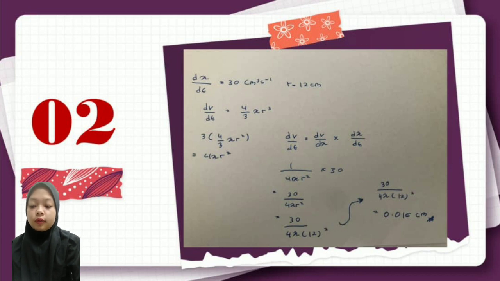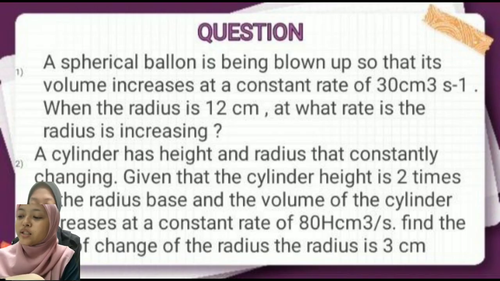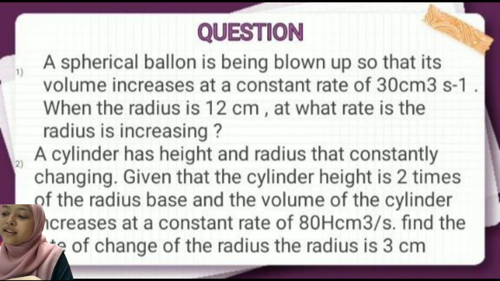We use our formula dr over dt equal to dr over dV multiply dV over dt, and we put in all the information and it will become 1 over 4 pi r square multiply 30, which is 30 over 4 pi r square. We put in r, which is 12, into the formula and it will become 0.016 cm per second.